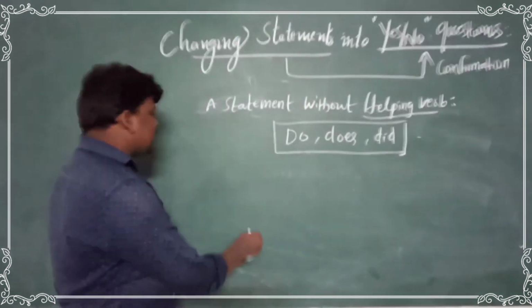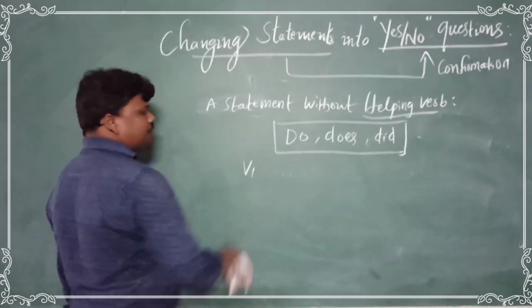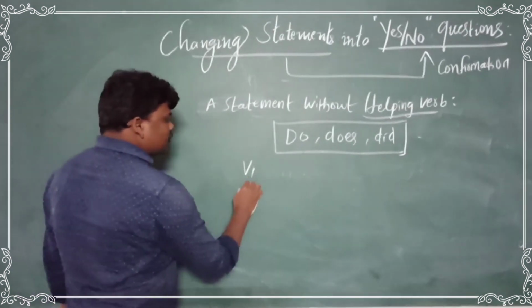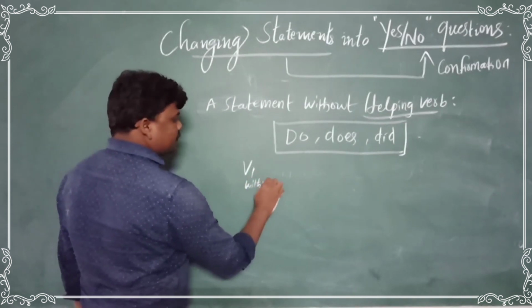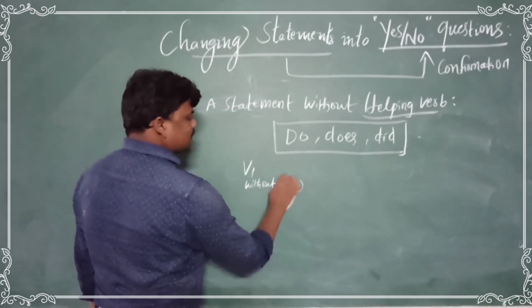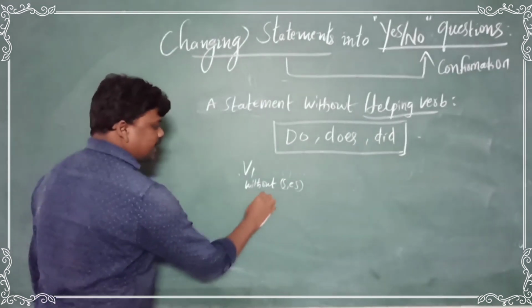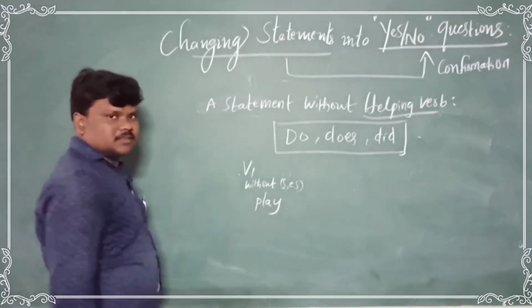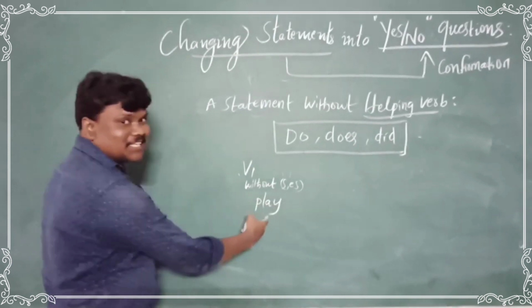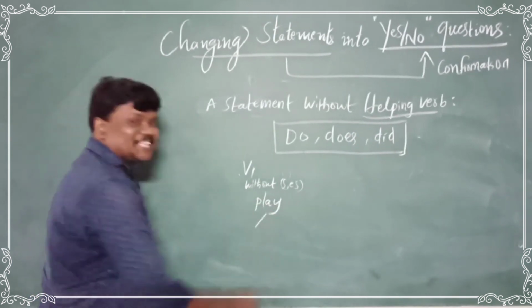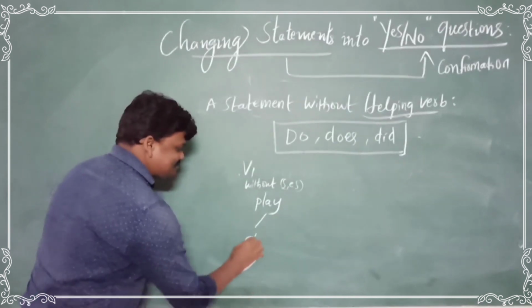Right. And if verb 1 came without s or es, for example, play, there is a devil hiding in this. You know what it is? Yes, there is a devil hiding in the main verb, that is do.